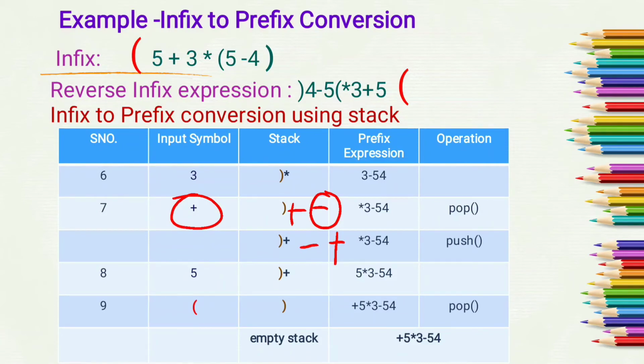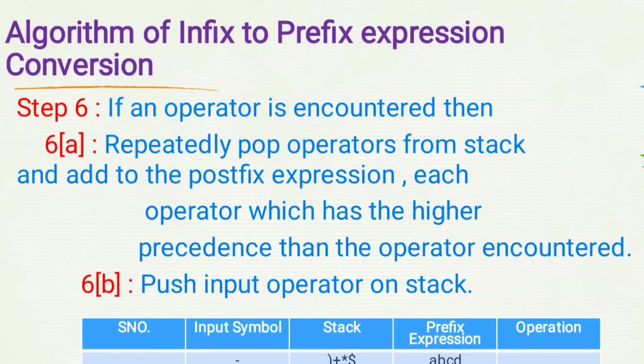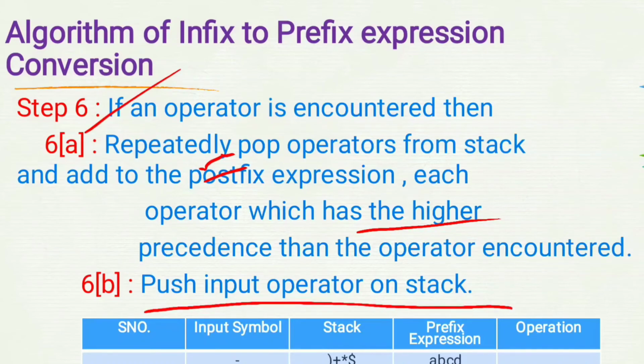That means same precedence operators can be placed over each other in the stack in infix to prefix conversion, but we cannot do this in infix to postfix conversion. So if an operator is encountered, we repeatedly pop operators from the stack and add them into the prefix expression, each operator which has higher precedence than the operator encountered. When all the higher precedence operators are popped out from the stack, we push the input operator on the stack.